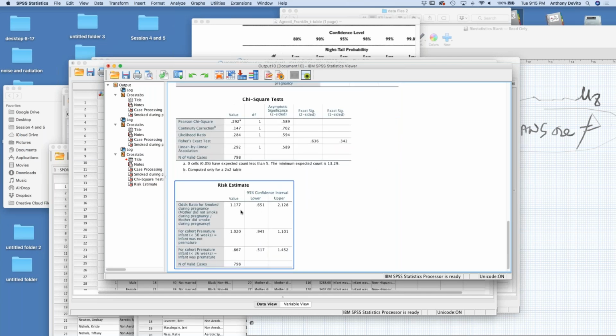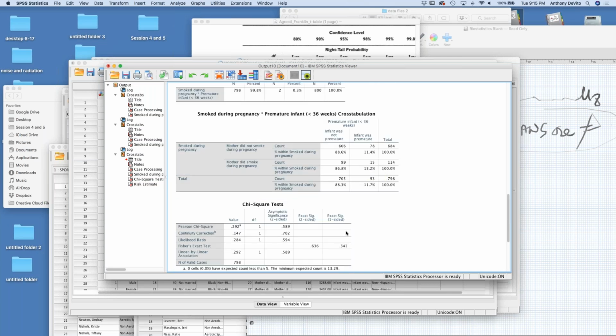Similarly, the odds ratio, the odds that you have a premature birth if you smoke, is 1.17 times that for women who smoke versus women who didn't smoke. However, that's nice that we calculated that difference between these two percentages.